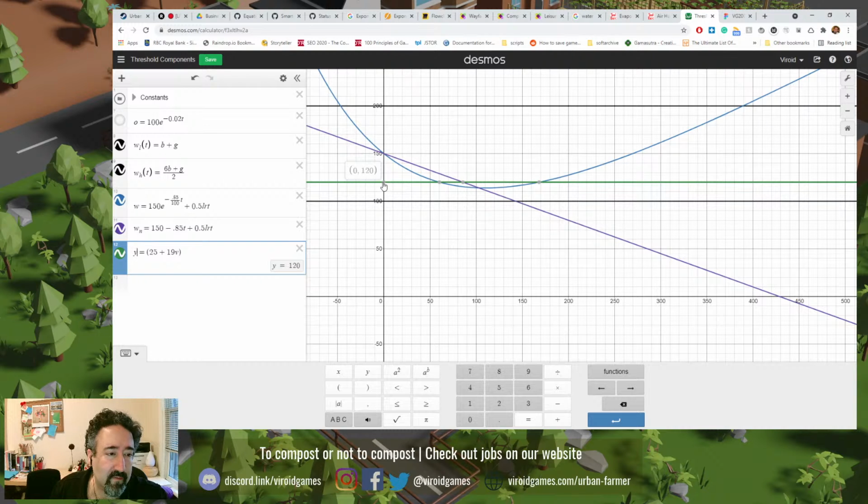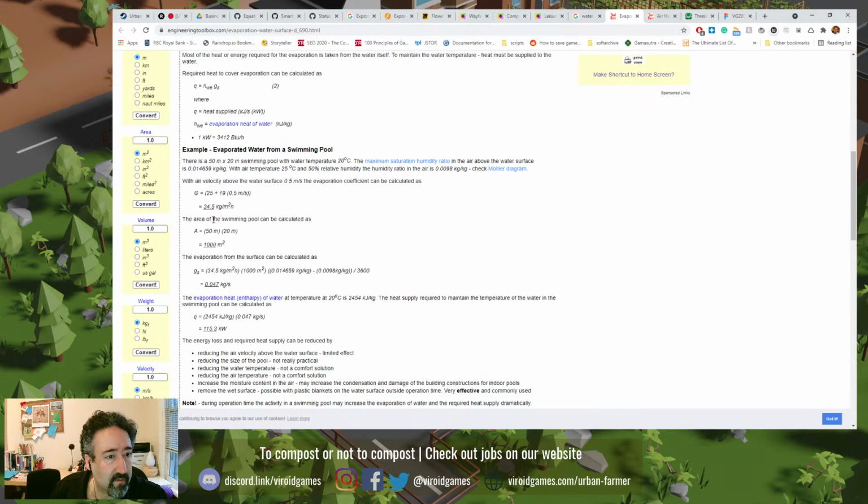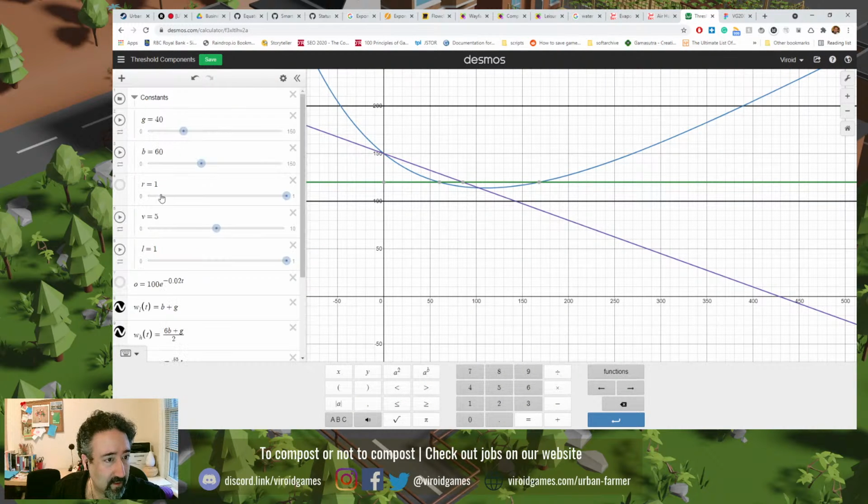We know that when V is 5, this is 95 plus 25, it's 120. However, in terms of calculation, that doesn't check out, because when I said 5, why did I say 5? The variable is 0.5. What was I thinking?